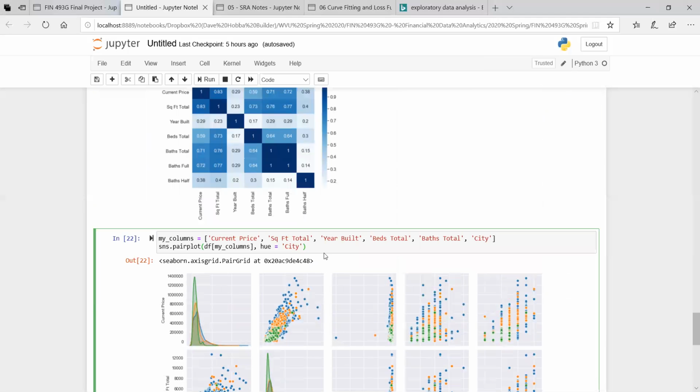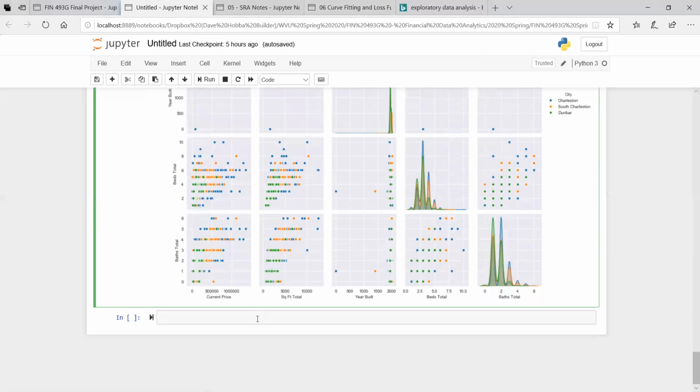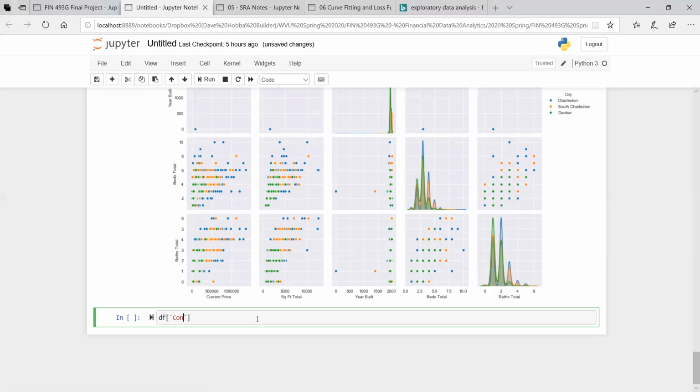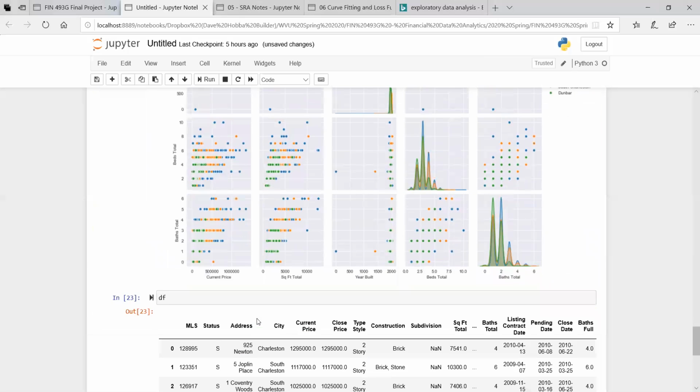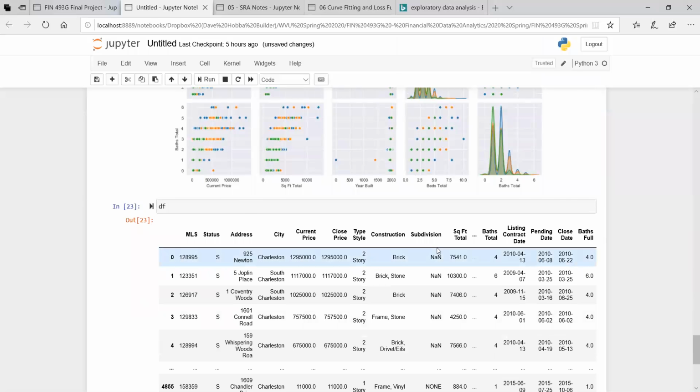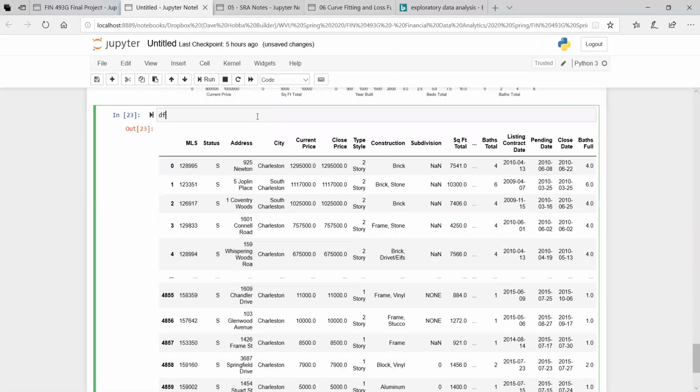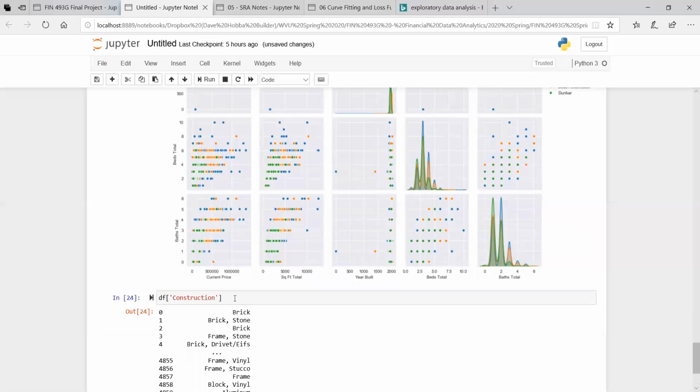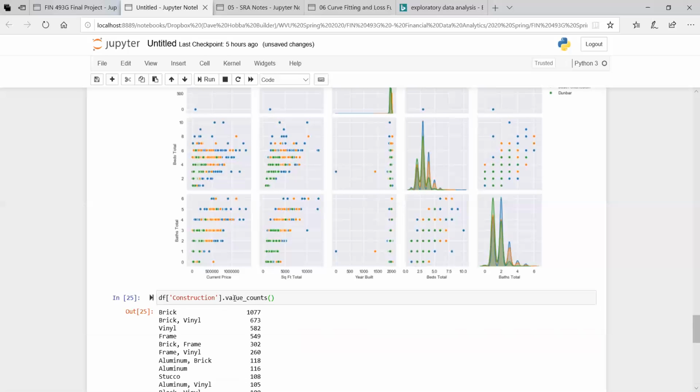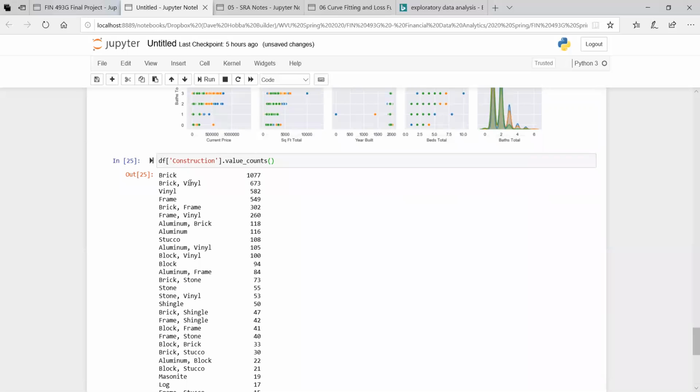Something else, if you're going to go another step further, we also have construction. If we look at our data frame, we also have construction. So we could look at that as well. However, when it comes to our construction column, we have a lot of categories.